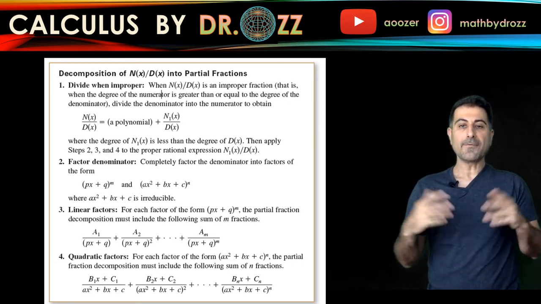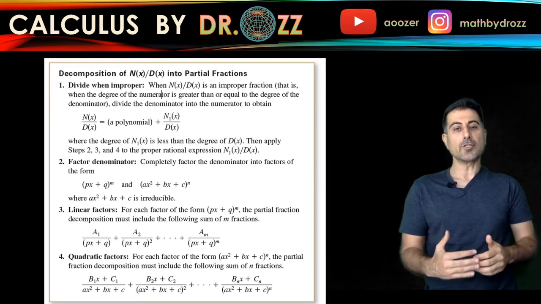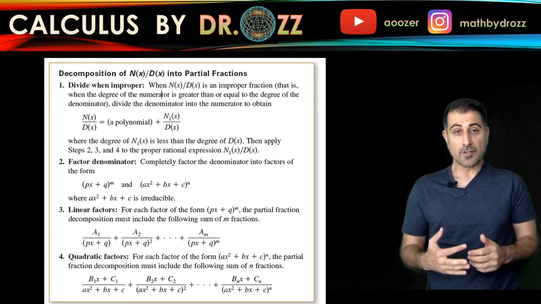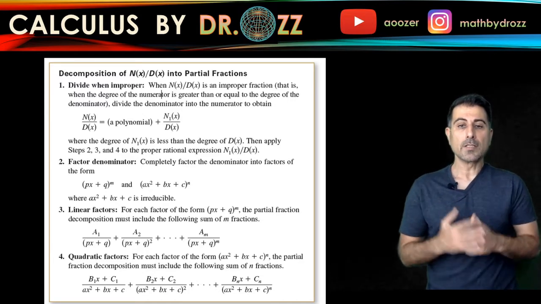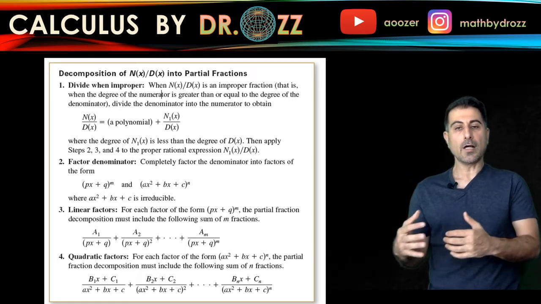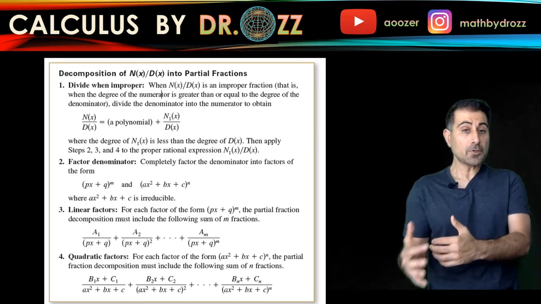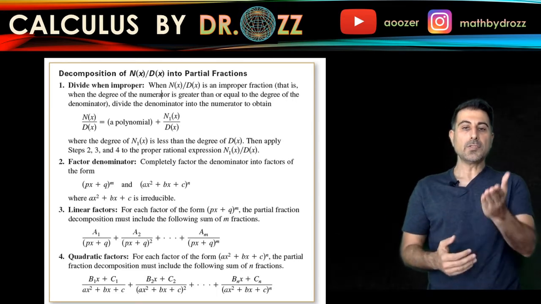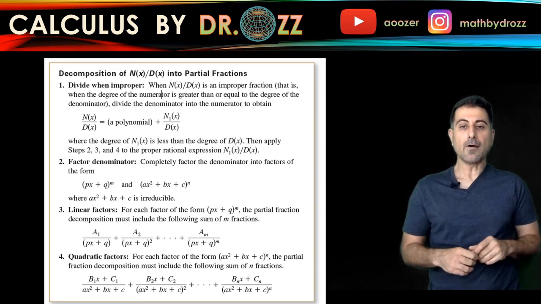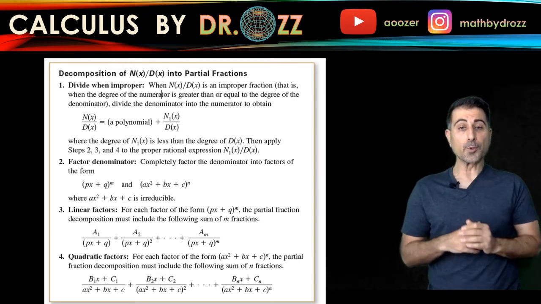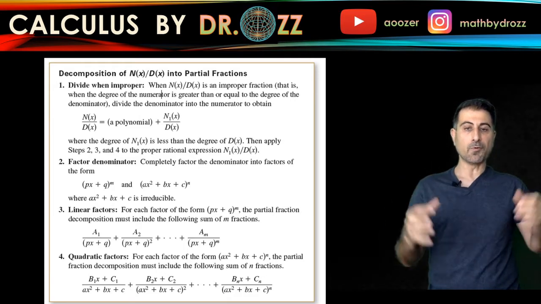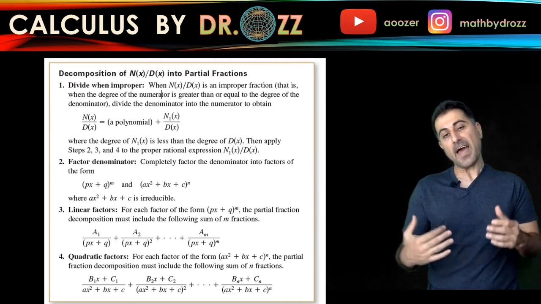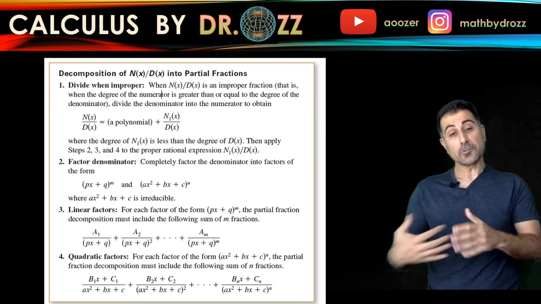And if it's not improper, try to factor the denominator of the rational function. Completely factor it so that the factors are irreducible. Once you're done with factoring, you may have linear terms, quadratic terms, and repeated terms of linear and quadratic terms. Based on what case you're in, please use the expression in 3 for linear factors and 4 for quadratic factors, because you have a specific format to follow depending on repeating or non-repeating factors.